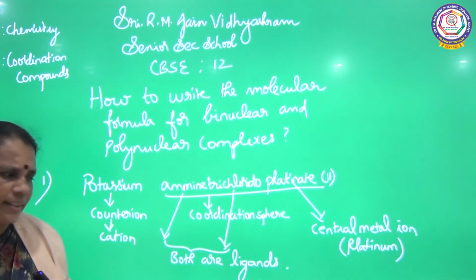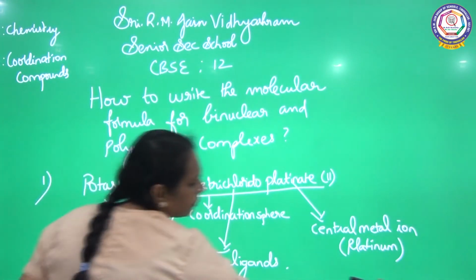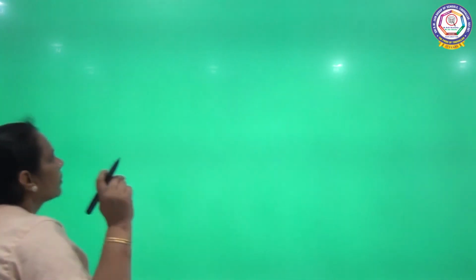Now we are going to write the molecular formula. Before writing it, since I have two different types of ligands in the coordination sphere, I have to arrange the ligands in alphabetical order according to the first letter of the symbol. Write the symbols of the ligands, choose the first letter, and arrange them in alphabetical order.